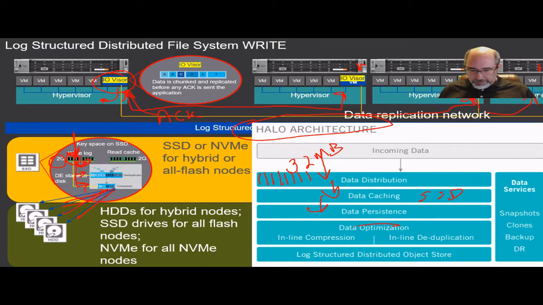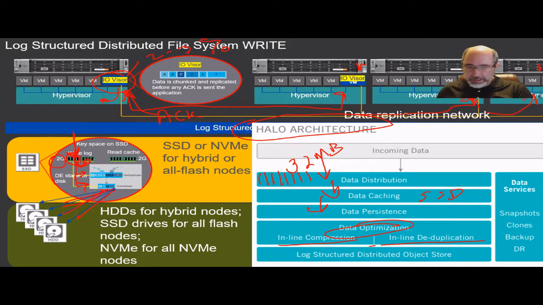So we've talked a little bit about data optimization, inline compression, inline deduplication. Because it's happening as it goes from cache to the final stage or the capacity layer, it's very efficient in how it uses the processor. So it doesn't put a lot of load on the processor. This I/O visor is about 2 to 3% load on the processor. So even at the heaviest loads, it really doesn't put a lot on the processor itself.